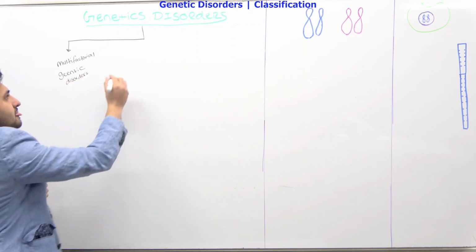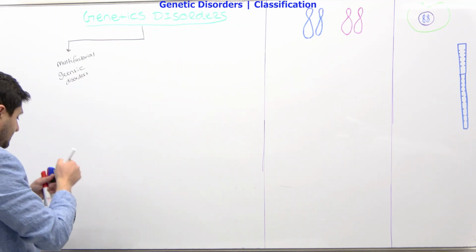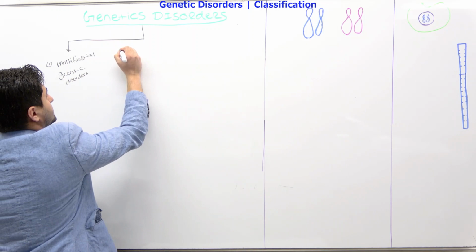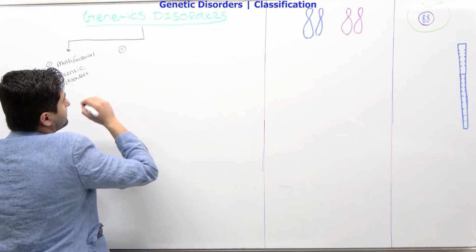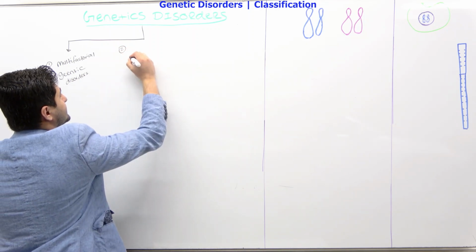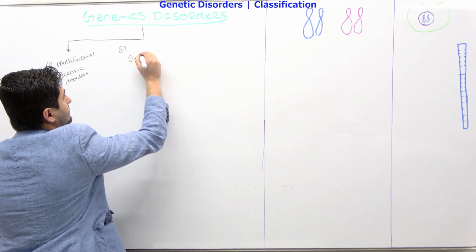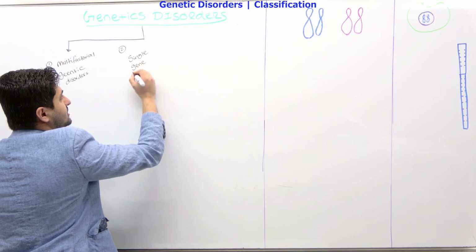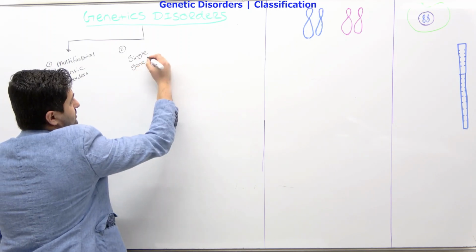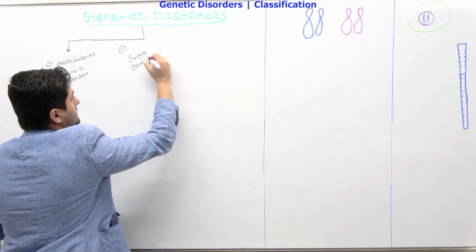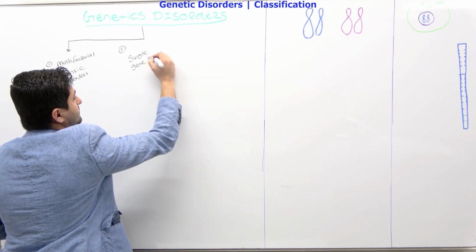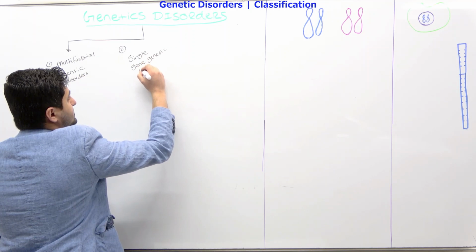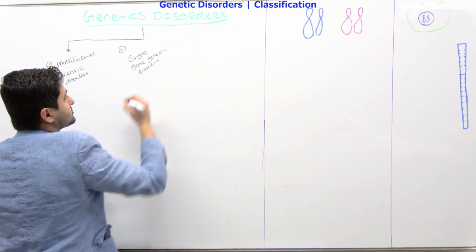This is number one right here. The second type of disorders we'll talk about is the single gene, or monogenic, genetic disorders. We'll write down single gene genetic disorders, to make it easy.